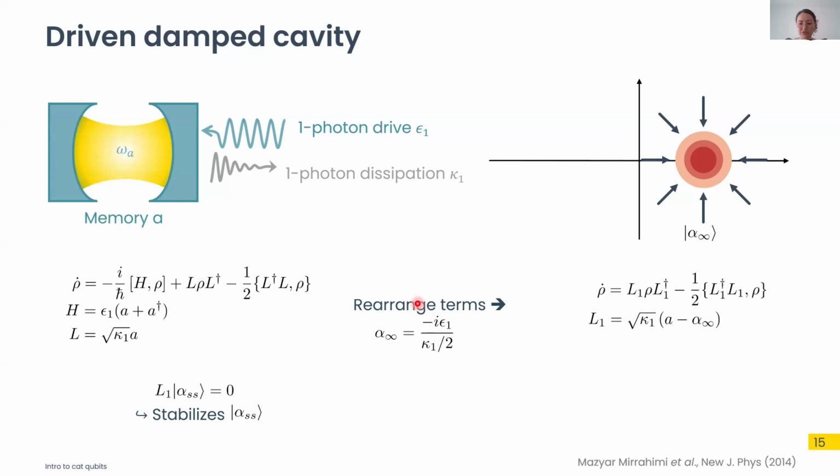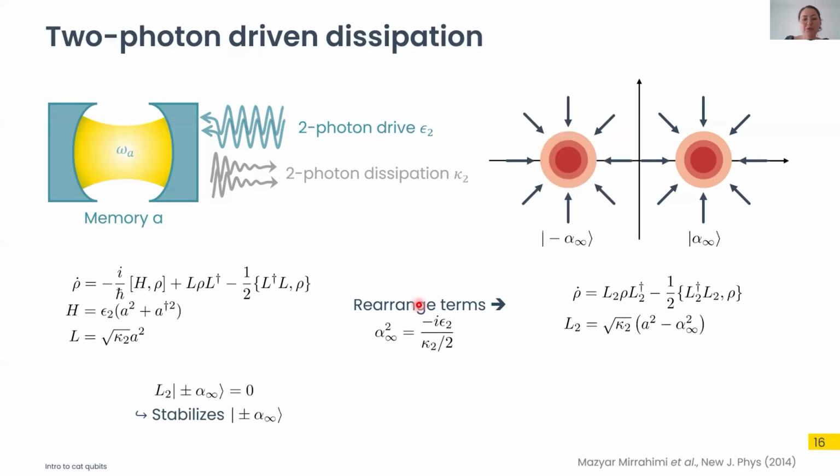But we want to stabilize two states, plus alpha and minus alpha. So what we're going to need to do is continuously inject photons in pairs through a two photon drive and allow for a two photon dissipation. So now from this cavity, photons are injected and dissipated only 2 by 2. So you can only go from 0 to 2, 2 to 4, but you cannot go from 2 to 1.